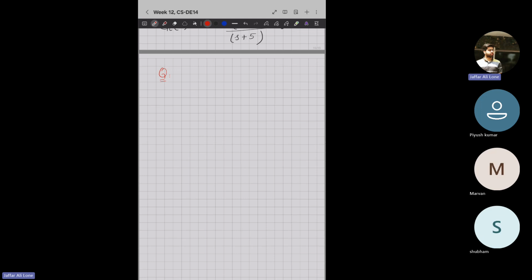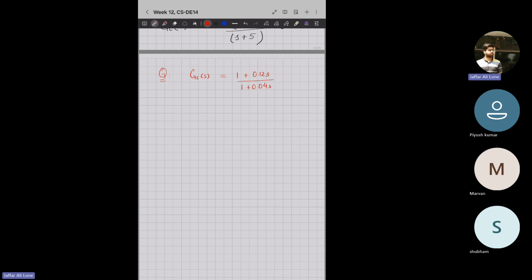So one more question. Again, there are many ways to solve it. We will solve it differently now. The question is, you have a compensator GC of S whose transfer function is 1 plus 0.12S divided by 1 plus 0.04S.